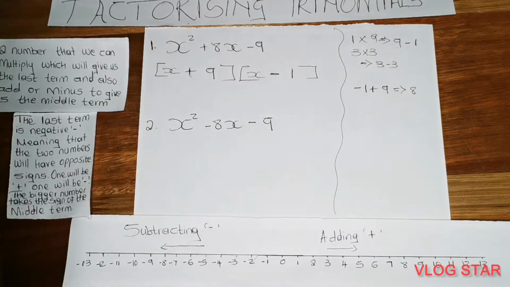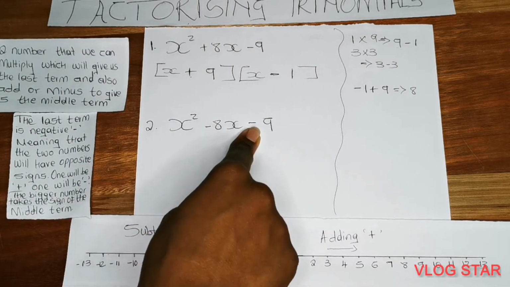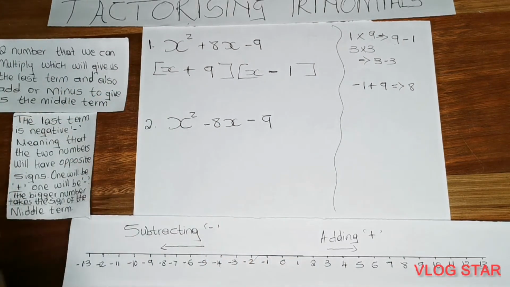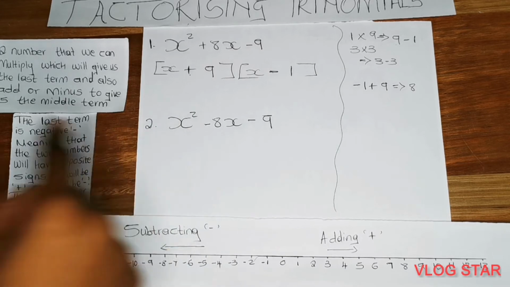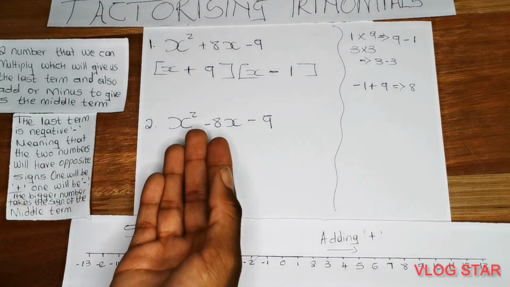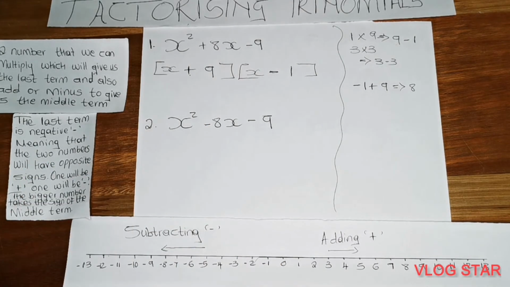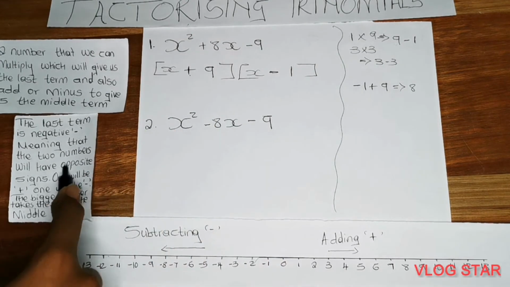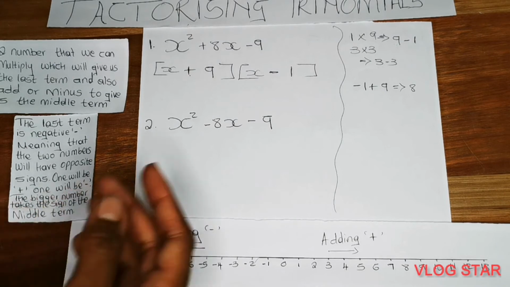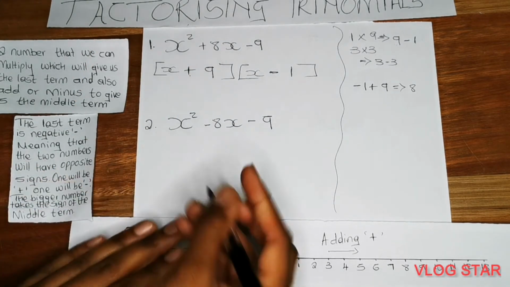So as long as you see the last term being negative, it means that the principle of having opposite signs applies, no matter if you also have a negative in the middle. So let me just show you how we do it.